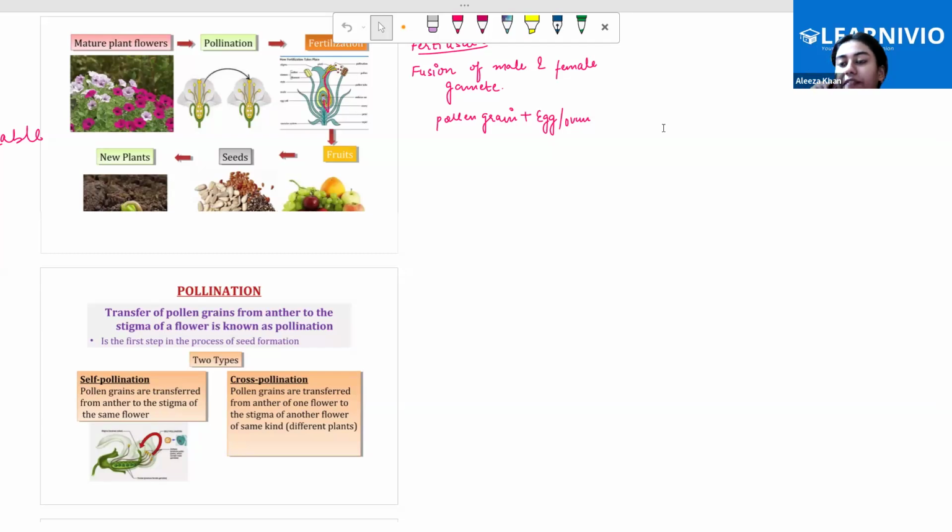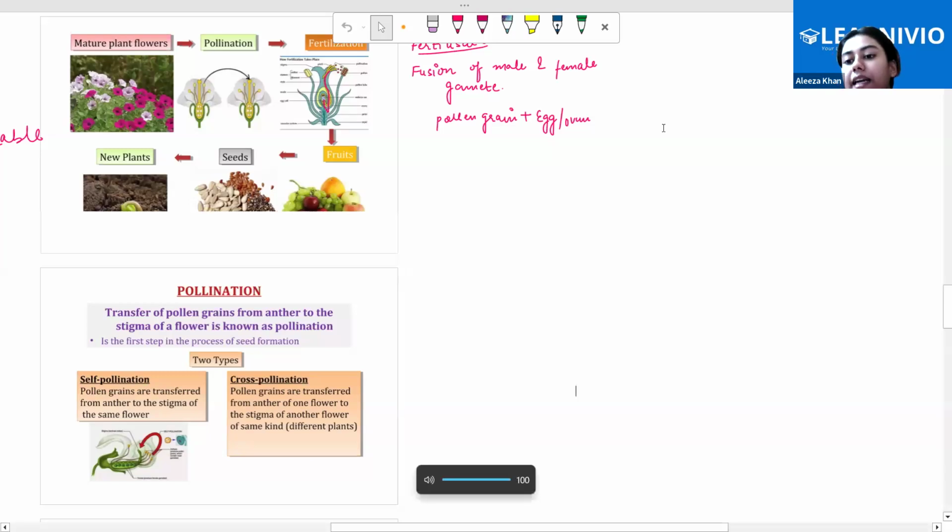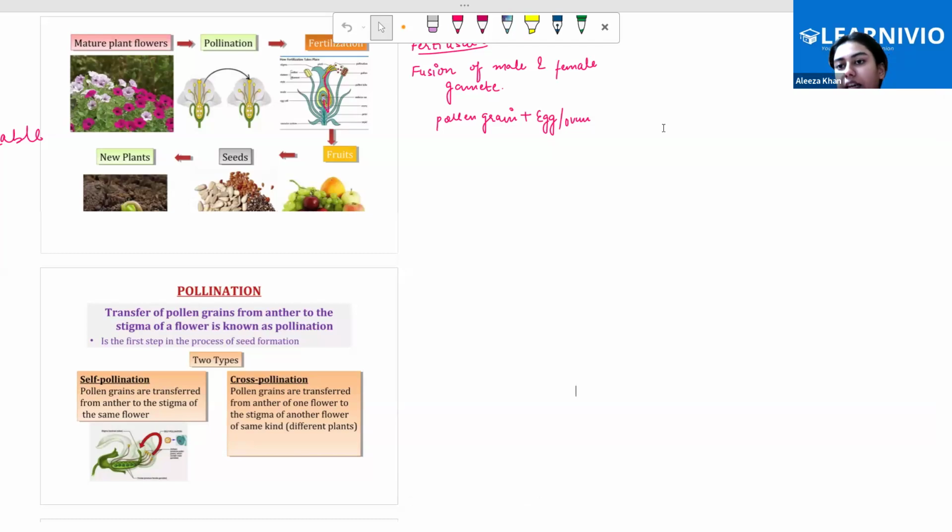Where will you find the male gamete in the stamen? Anther. And what's the name of the male gamete? Pollen grain. Yes. What about the female?